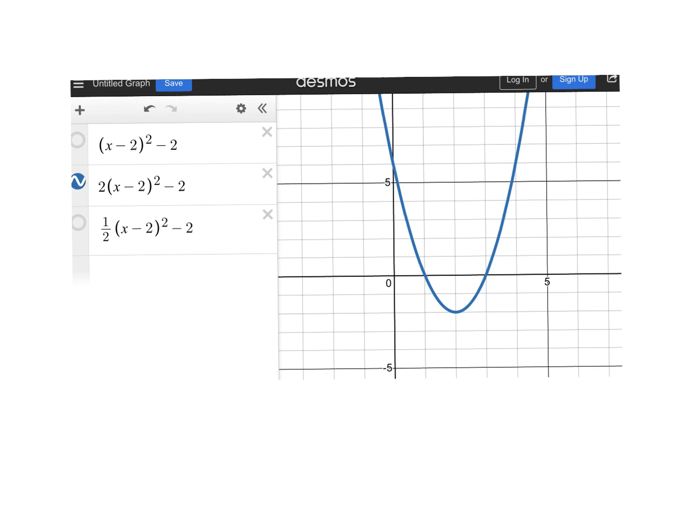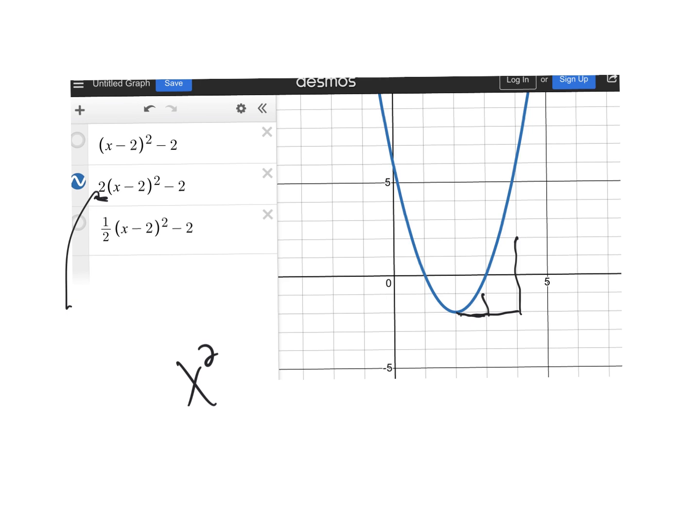Now I've graphed something out using the language of transformations. I've got a parabola that's been stretched vertically by a factor of 2. So let's see how that works. If this had just been x squared, I would have gone over 1, up 1, over 2, up 4, and we can see that that's not going up high enough.